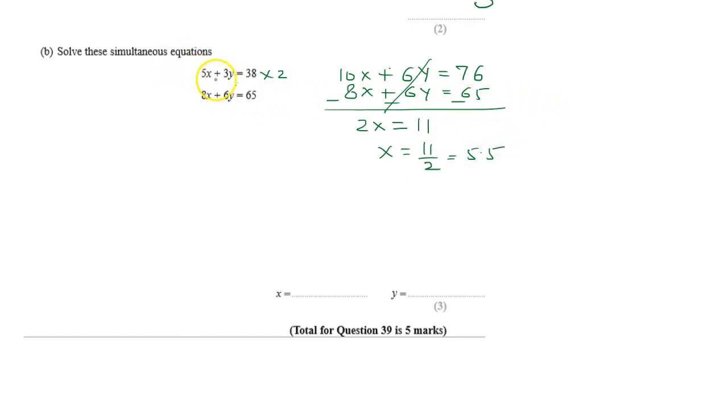Now put the value of x here in the first equation. 5 multiply 5.5 plus 3y is equal to 38. This is 27.5 plus 3y is 38.